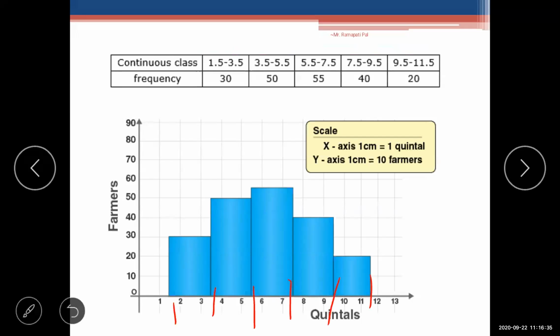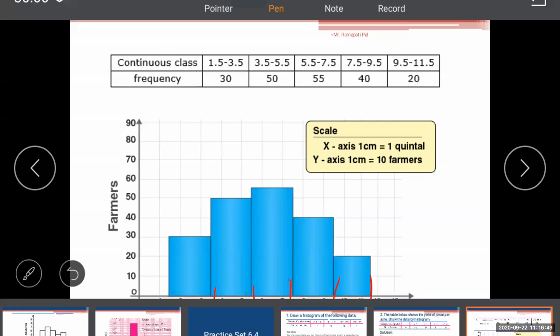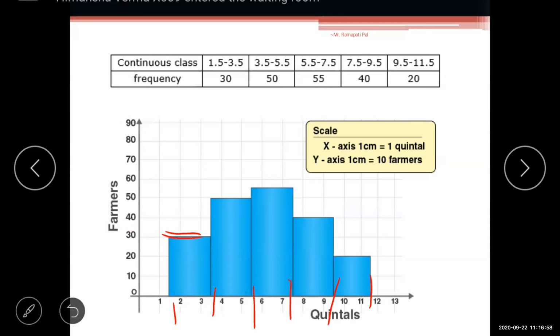So we have to see the frequency also. Now 30: see here on the y-axis, 30 is present, correct? Now in 3.5 to 5.5, 50.